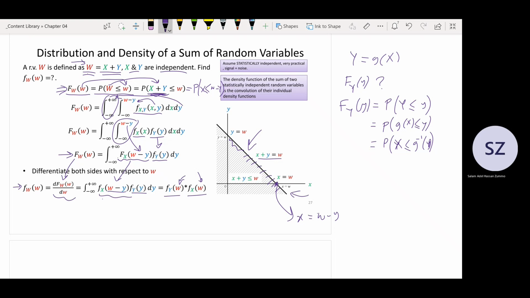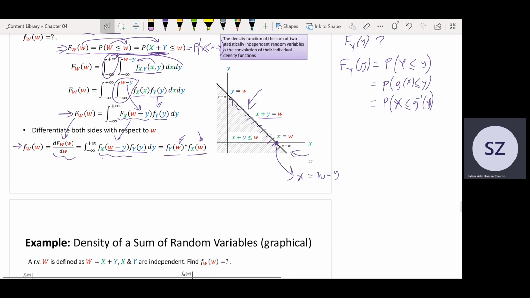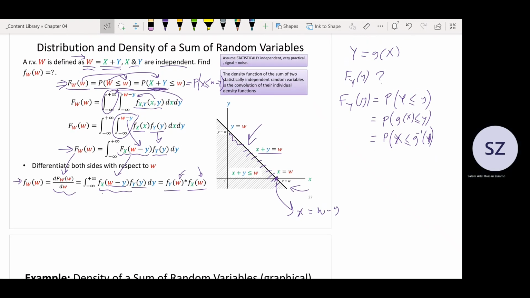Okay, now a quick example, the simplest example. So how did we find this? Basically, the first part is to integrate the joint PDF over the region x plus y less than or equal to w. We found the limits of the region, then we used the independence, and then we differentiated.